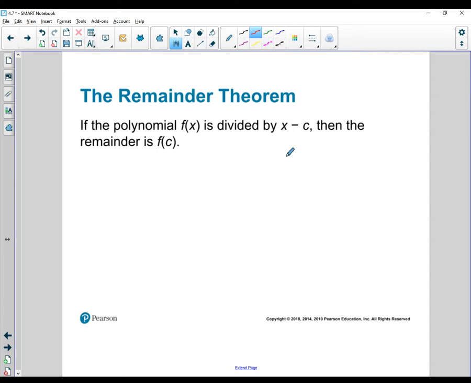So this is what you do want to write down, or maybe snap a pic of. If the polynomial f of x is divided by x minus c, then the remainder is f of c. What does that mean? Well, maybe I'll do an example first, and then I'll come back to this and show us why it makes sense.